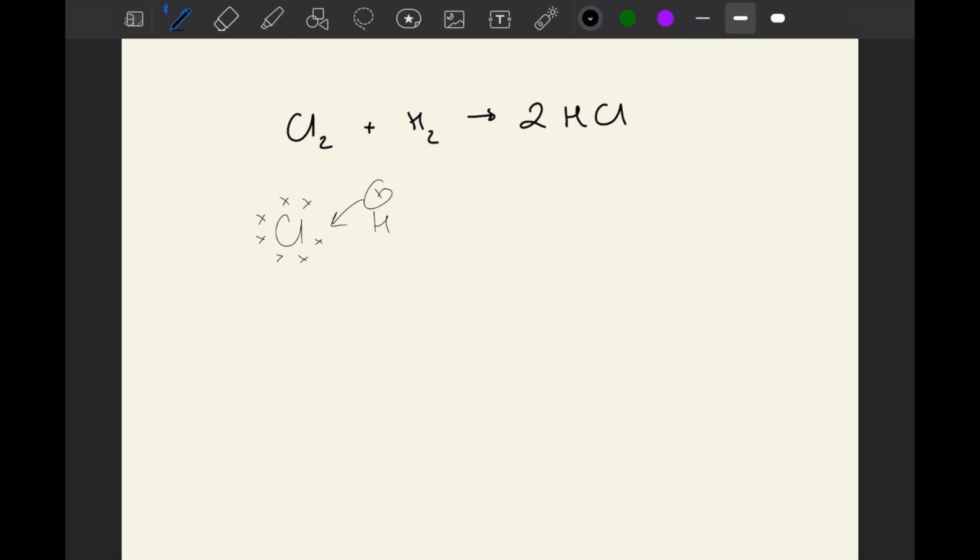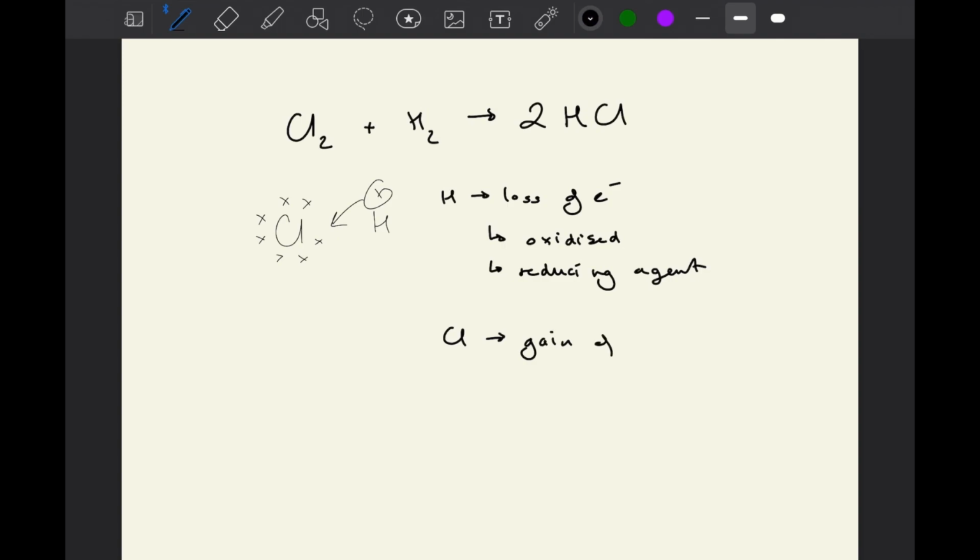We can say that hydrogen has a loss of electrons, thus hydrogen is getting oxidized, thus it's the reducing agent. On the other hand, chlorine is gaining electrons. That means that it got reduced. That means that it's the oxidizing agent of the reaction.